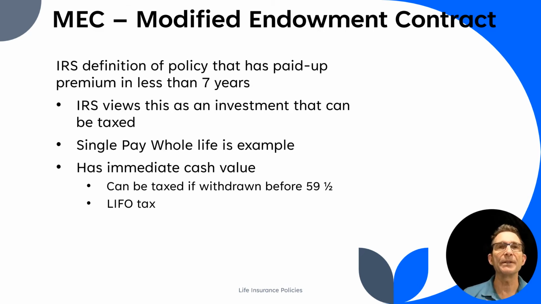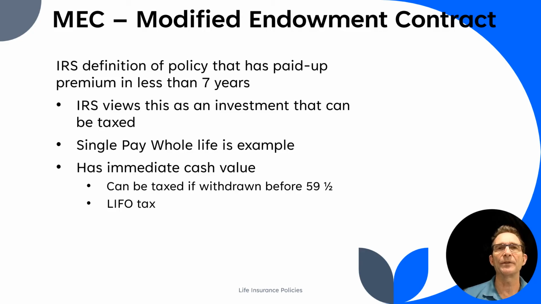But if there is a gain, a growth of interest or cash value, then I am going to be taxed. And on these products, you're taxed on that if you pull it out before age 59 and a half, and it's considered LIFO tax, which means last in, first out.